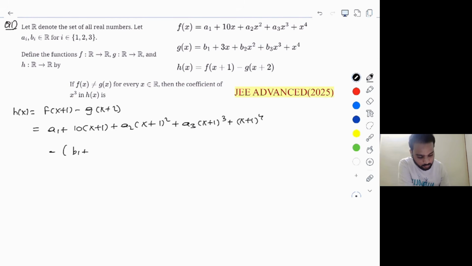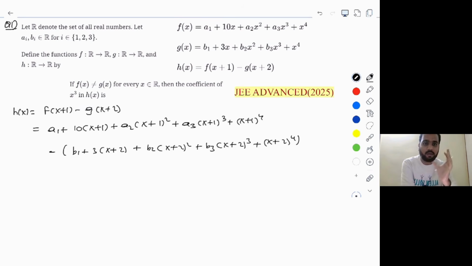Nothing but b1 plus 3 times of x plus 2, plus b2 times of x plus 2 whole square, plus b3 times of x plus 2 whole cube, plus x plus 2 to the power of 4, right? So now we have constructed the function h of x. Now clearly we see a polynomial function here. Now here we need to calculate the coefficient of x cube in the entire function h of x.